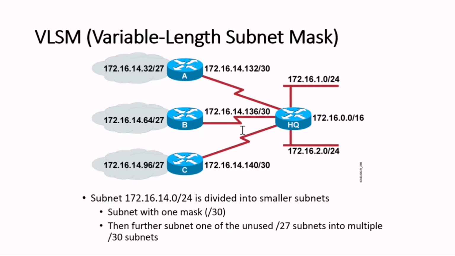So this is another example for the VLSM. For example, subnet 172.16.14.0/24 is divided into smaller subnets, which go to /30, and then further subnet one of the unused /30 subnets into multiple /30 subnets.